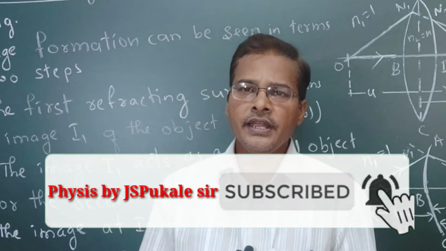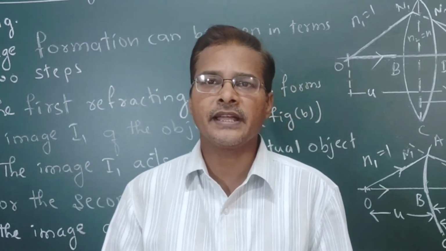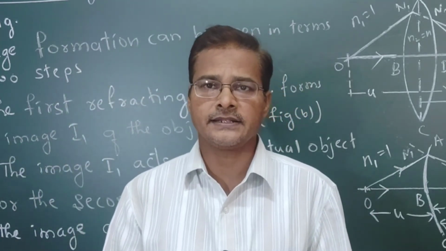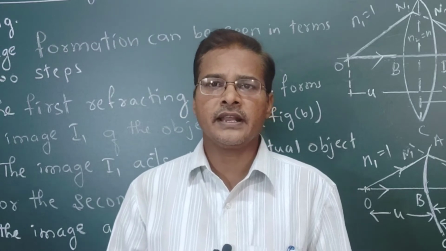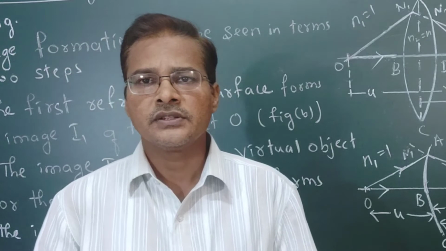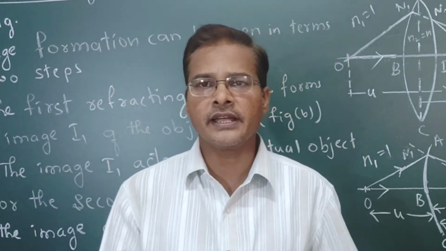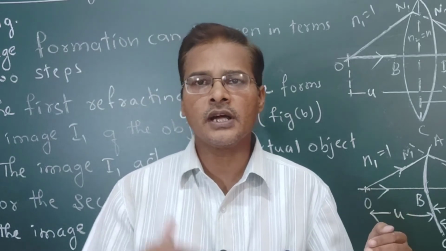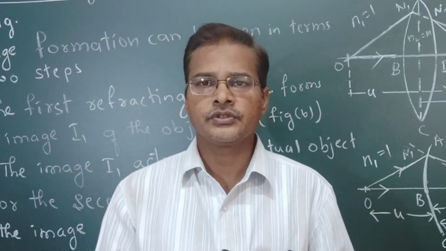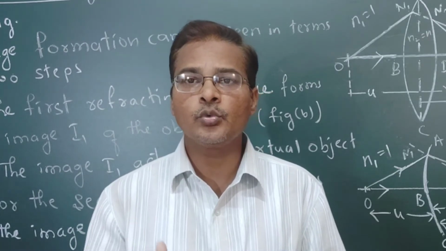Here we are going to see the concept of refraction by a lens. What is refraction? When a light ray travels from one medium to another medium, the ray gets bent. For example, when a ray travels from air to glass, from a rarer medium to a denser medium, the ray will be bent towards the normal.